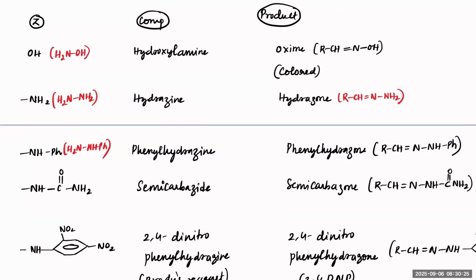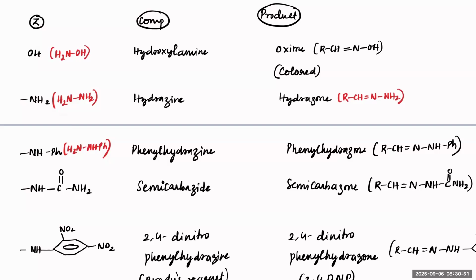When you have NH2NH2, it is called hydrazine, and hydrazine converts into a product called hydrazone. So this is what you have to do: wherever there is an ine, you convert it into one. Hydrazine becomes hydrazone. Clear?